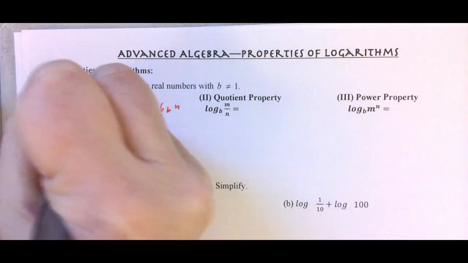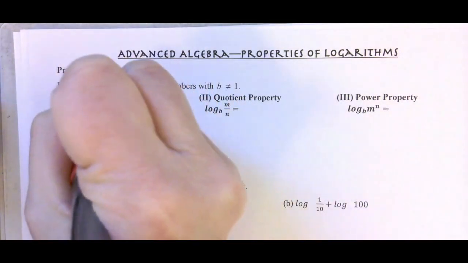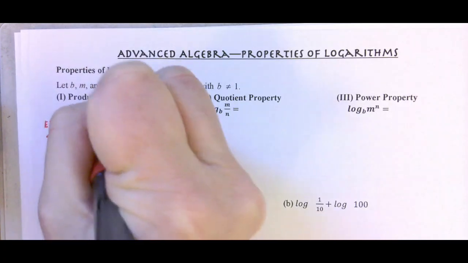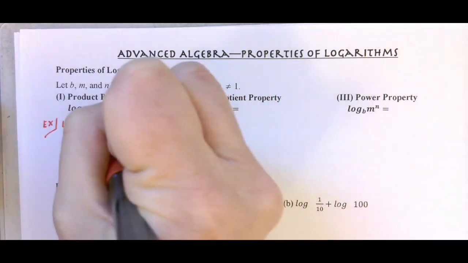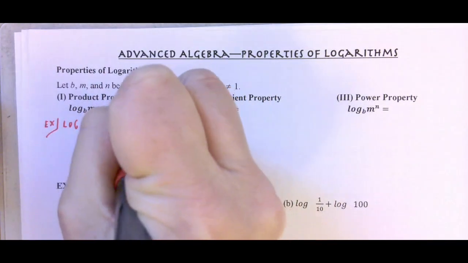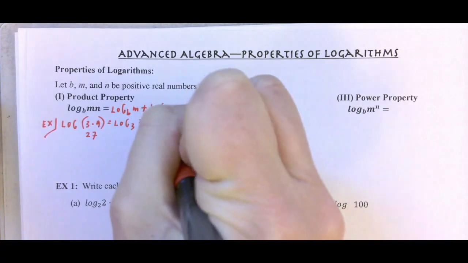Let me give you a mini example here. If I said log base 3 of, let's say 27, but I'm going to make that 3 times 9. Again, we know that that's 27. I could break that apart and say that's log base 3 of 3 plus log base 3 of 9.